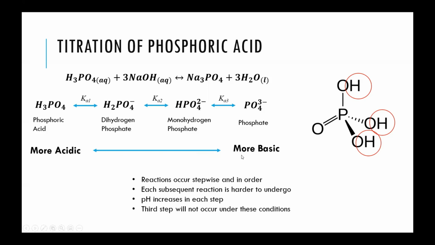So you should be able to see this third one if you were to keep going using very, very strong and highly concentrated sodium hydroxide. If you want, you could try to test that out. But under the conditions of the simulation, you won't actually see this third step.